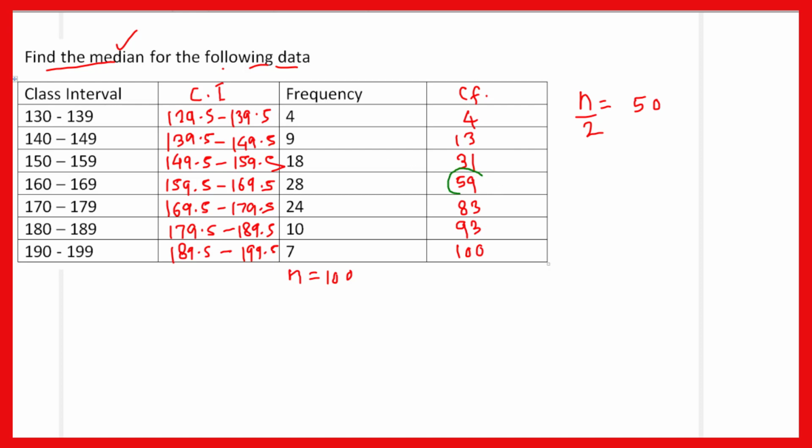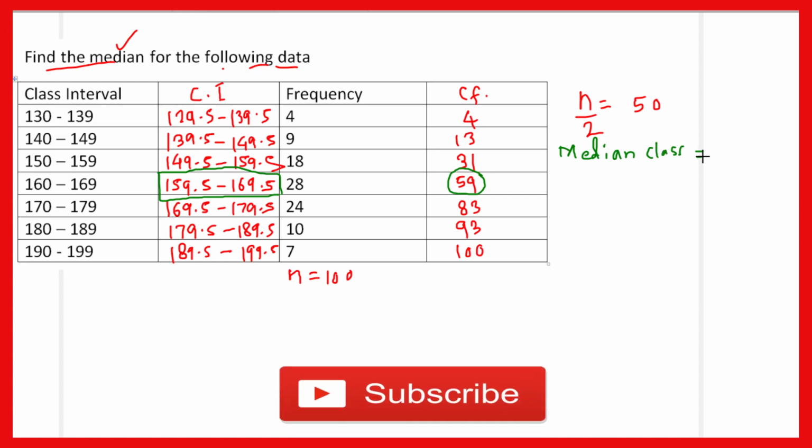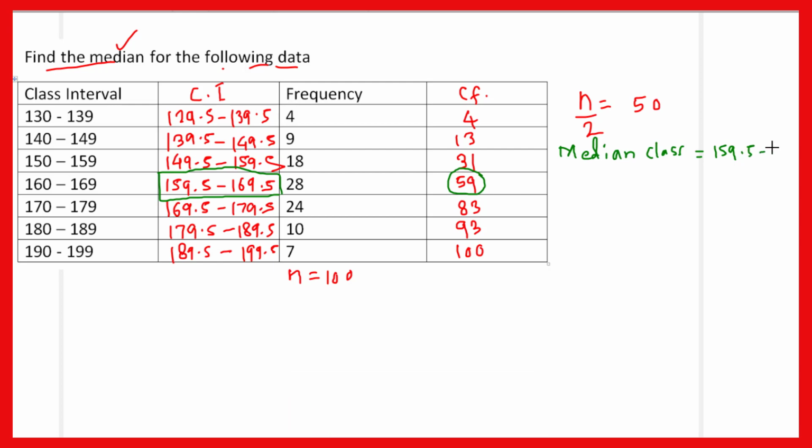So this is the cumulative frequency that is just greater than n by 2, that is 50, and therefore the class interval corresponding to this cumulative frequency is called the median class. So we write that median class is equal to 159.5 to 169.5. And so here we got the median class.